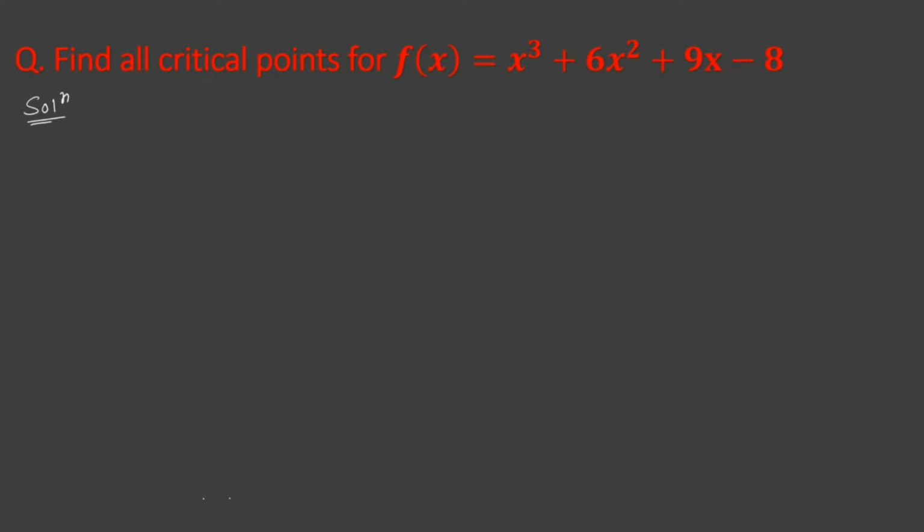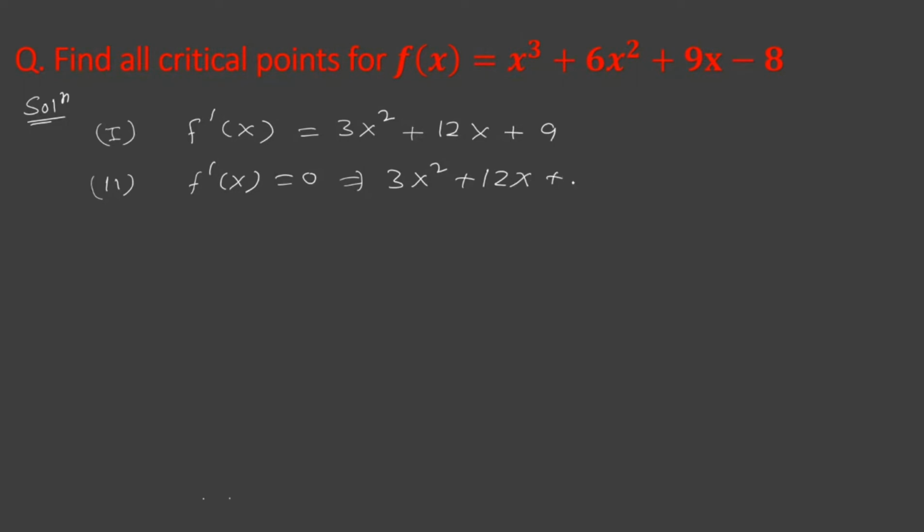Step 1, find f'(x), which is equal to 3x square plus 12x plus 9. Step 2, f'(x) is equal to 0. This means 3x square plus 12x plus 9 is equal to 0.